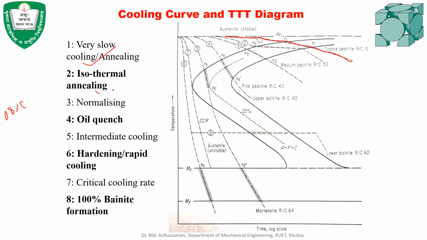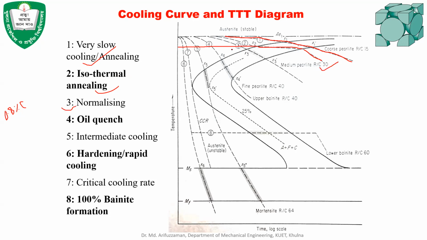And the second one, isothermal annealing, is when you put it at a constant temperature. It is also annealing, but you keep it at a constant temperature, and transformation occurs constantly. It produces medium perlite. You keep it at a certain temperature for a long time until 100% transformation is complete, and the perlite will show a bit higher hardness.